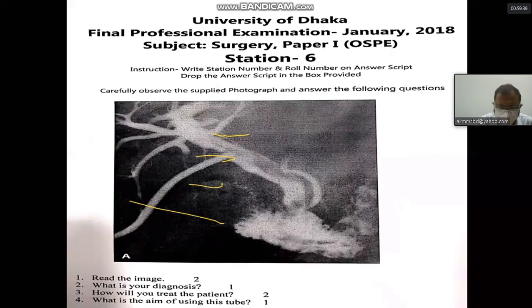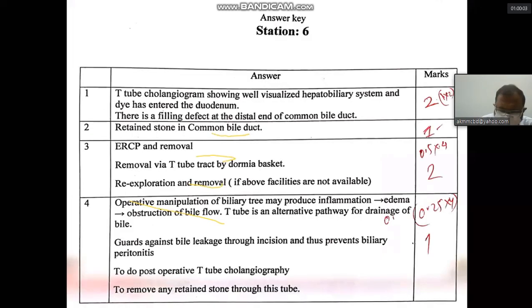And what is the aim of using this tube? Why do you use T-tube after exploration of common bile duct? What is the benefit or advantage of using T-tube for this case? Alternative drainage of bile, and prevention of biliary peritonitis.